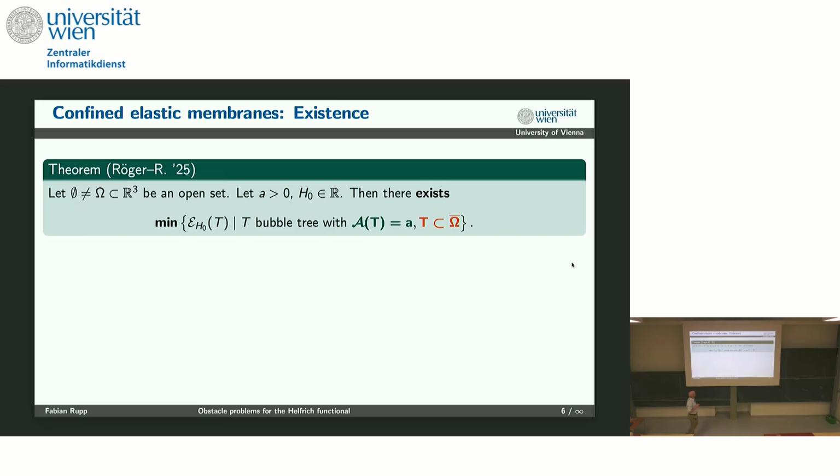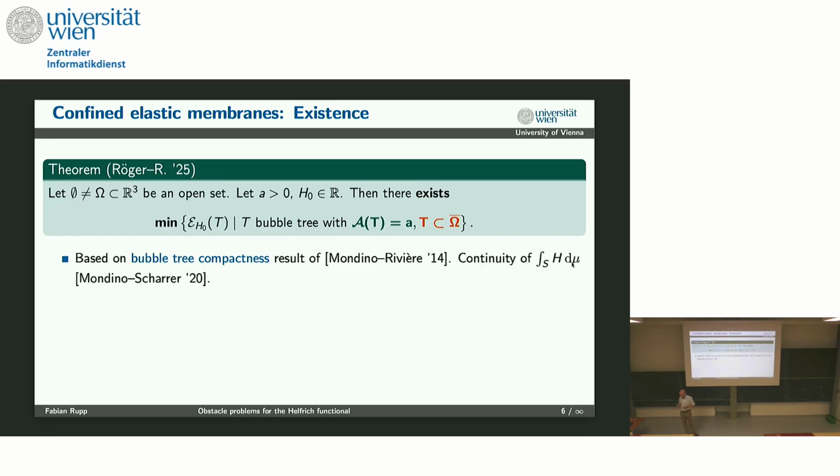So this is the existence result, and it's very much based on the bubble tree compactness theory that was developed by Mondino-Rivière and then later used by Andrea and Christian to get existence of minimizers without the obstacle condition. In particular, the continuity of the linear term in the mean curvature of the Helfrich energy was a key observation there.